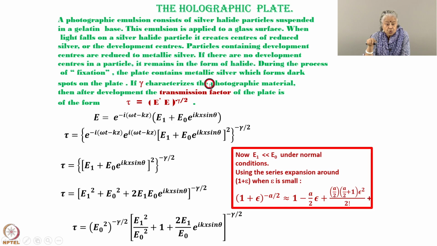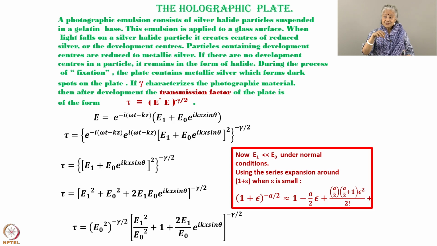If there are no development centers in a particle, it remains a halide. This process is called fixation. That means your light is falling on this chemical substance, silver halide, and interacting with it.